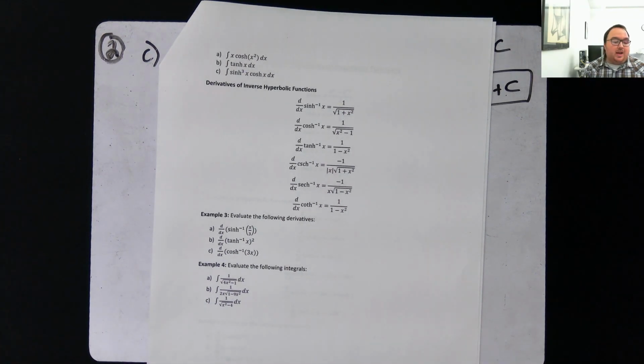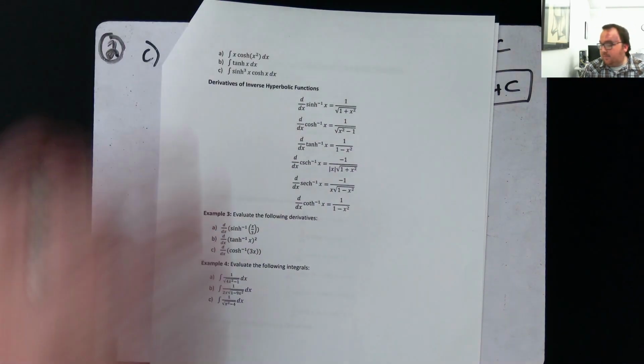The derivative of inverse hyperbolic cosecant is negative 1 over the absolute value of x times the square root of 1 plus x squared. The derivative of inverse hyperbolic secant is negative 1 over x times the square root of 1 minus x squared. And the derivative of inverse hyperbolic cotangent is 1 over 1 minus x squared. So these are just some more rules I'm going to have here.